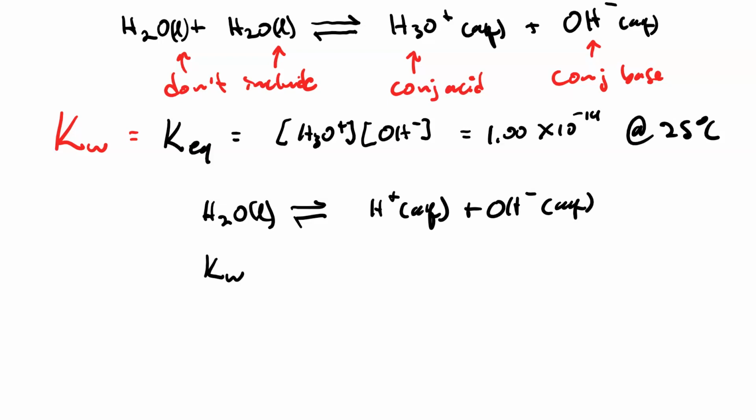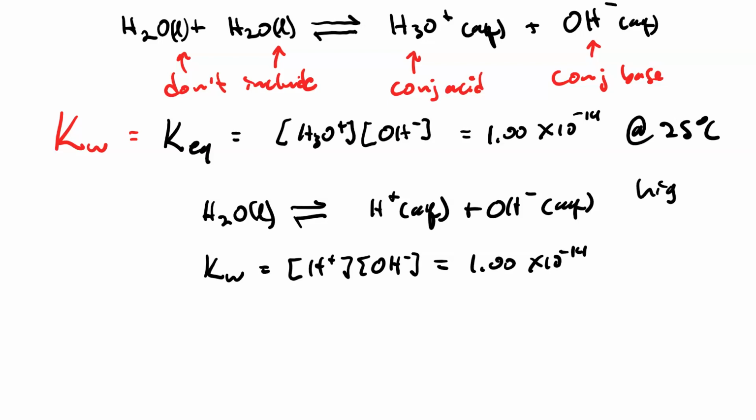And so in that case, Kw equals concentration of H plus times concentration of OH minus. It's the same thing, because H plus and OH minus in the aqueous phase are just two ways of saying the same thing. So the value is 1.00 times 10 to the negative 14th.